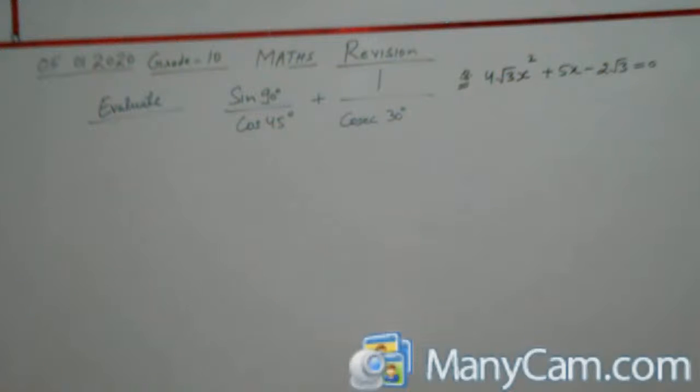Quadratic equation is given, that is 4 under root 3 x square plus 5x minus 2 under root 3 is equal to 0. Yes, and go on solving.